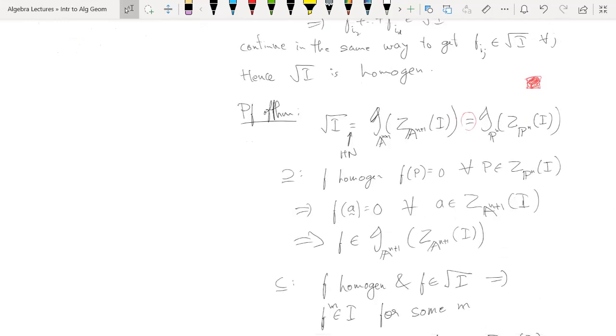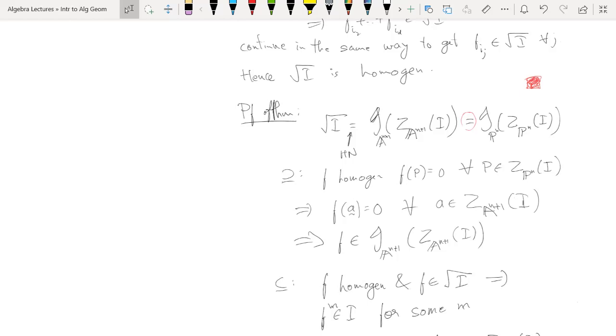So let's say f belongs to the right hand side. What does that mean? That means f is homogeneous and f(p) is 0 for all p in Z_{P^n}(I).